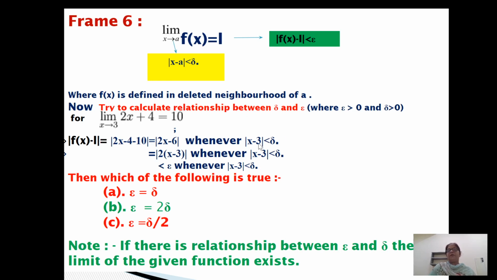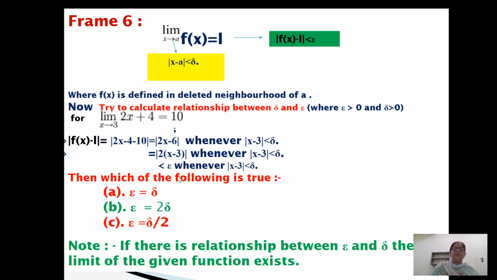Now correspondingly, x goes to 3. Here you will put modulus of x minus 3 less than delta. Now solve it. The tip for you is that there must be something like this here. It may be 2 times, or divided by, some type of factor must be here. So you can describe the relationship between epsilon and delta.